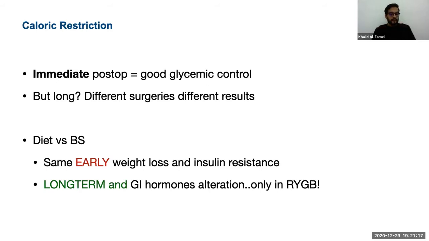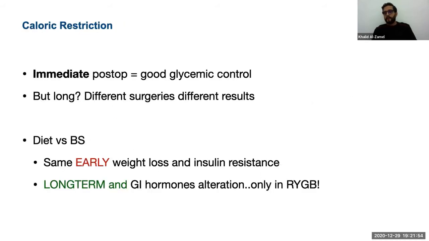They asked a few patients to go on a preoperative and postoperative Roux-en-Y diet. They found that the patients who went on diet had the same early weight loss and insulin resistance improvement, but none of them had a long-term insulin resistance improvement. None of them had improvement in hepatic insulin sensitivity. And of course, none of them had a GI hormone alteration, which was seen only in Roux-en-Y patients.